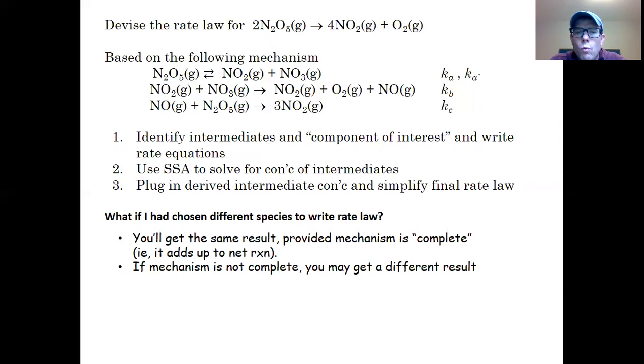What happens is you will get the same result provided the mechanism is complete. By complete, I mean that it adds up to the net reaction. If the mechanism is not complete, which I mentioned does happen because kinetic schemes can involve open systems, you can get a different result.